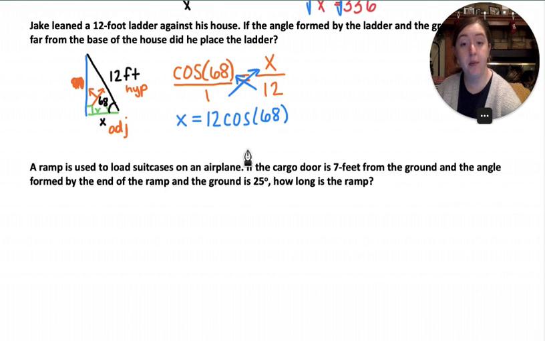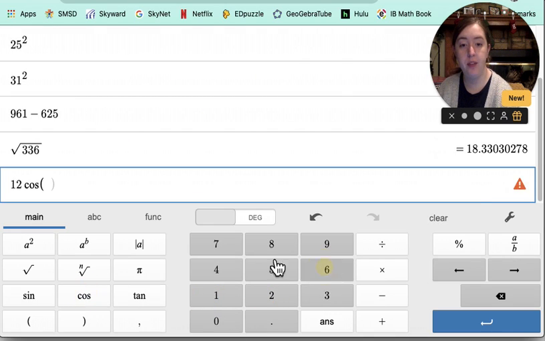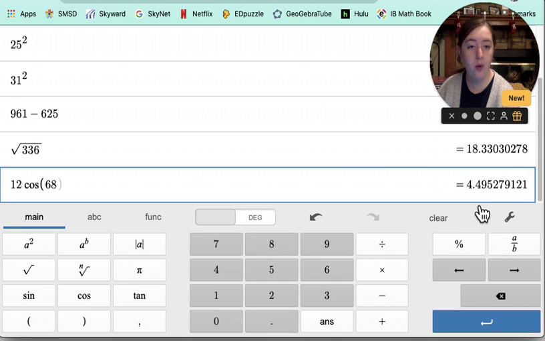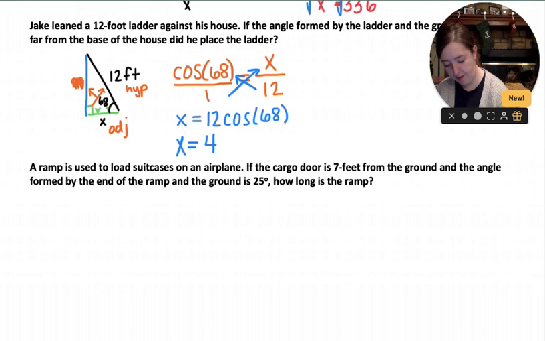So now we just need to pop that piece into our calculator. 12 times the cosine of 68. We're getting 4.49. So since this next digit is a 9, we'll round up to a 5. So we'll be at 4.5. x equals 4.5, and our units are in feet.